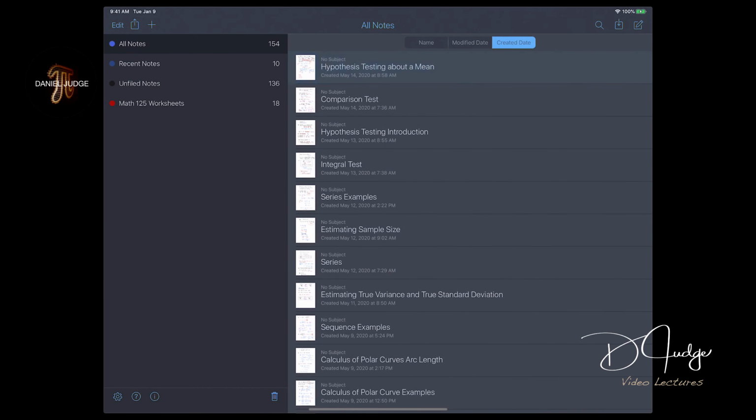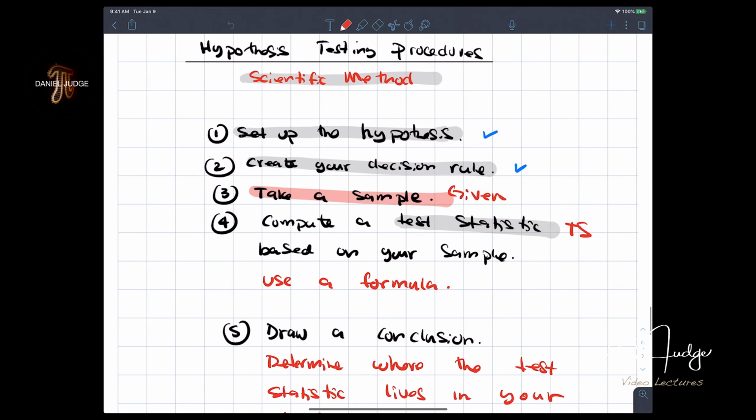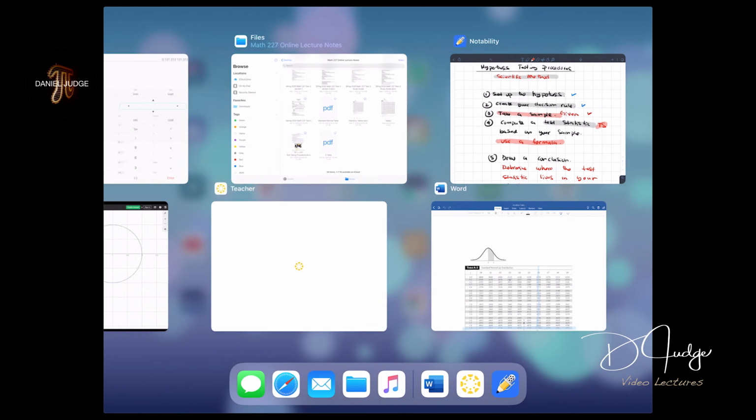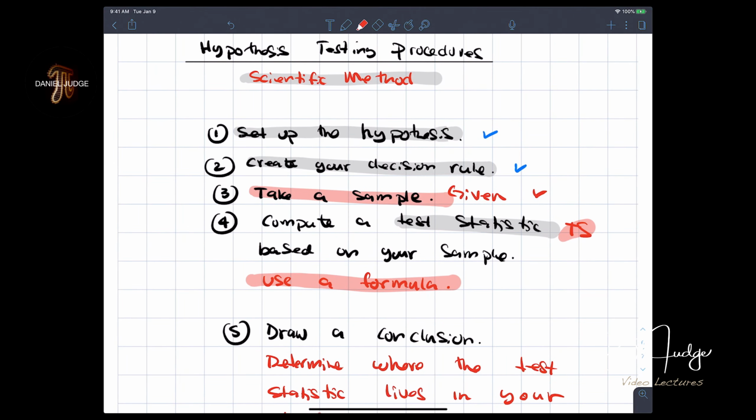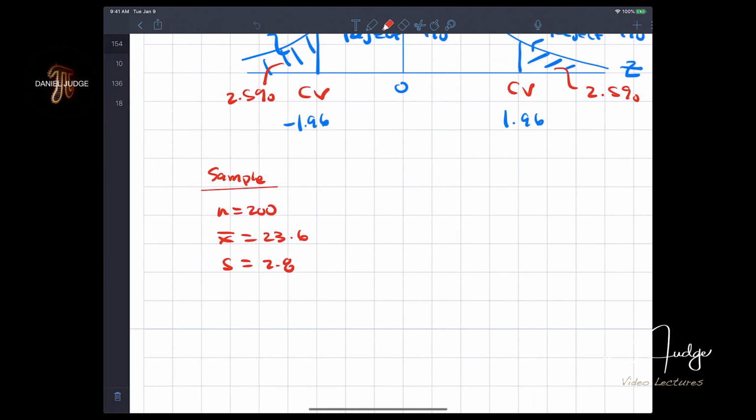After we take that sample, what did we say yesterday? We're going to compute a test statistic. Based on your sample, we're going to use a formula.